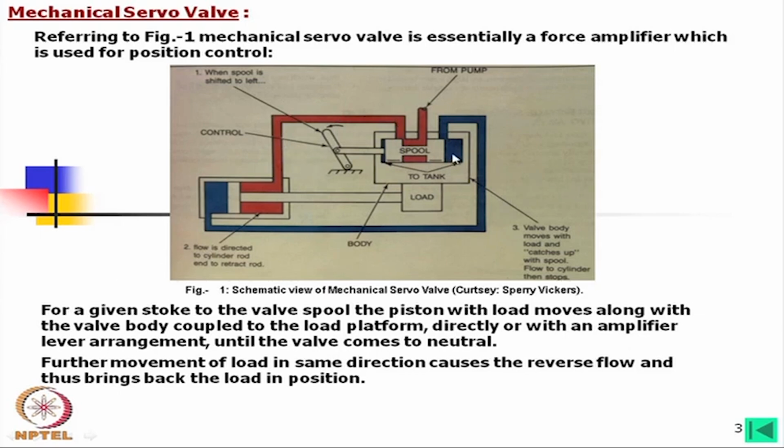In that case, if it moves further, the other side opens, that means oil goes to the other side, and then this will move in the opposite direction. Thus, not only that, this position control will also be maintained, that means constant velocity will be maintained.